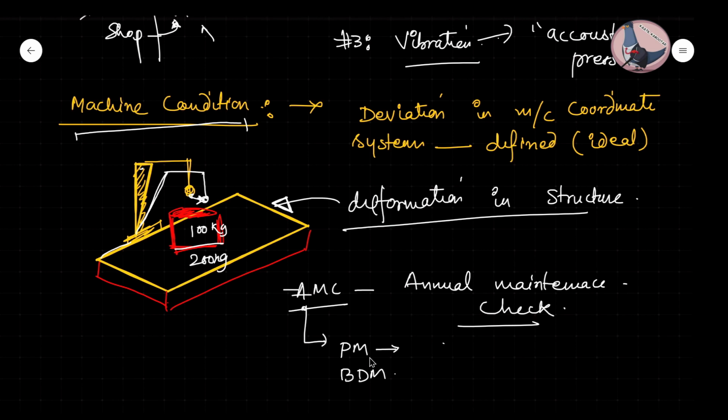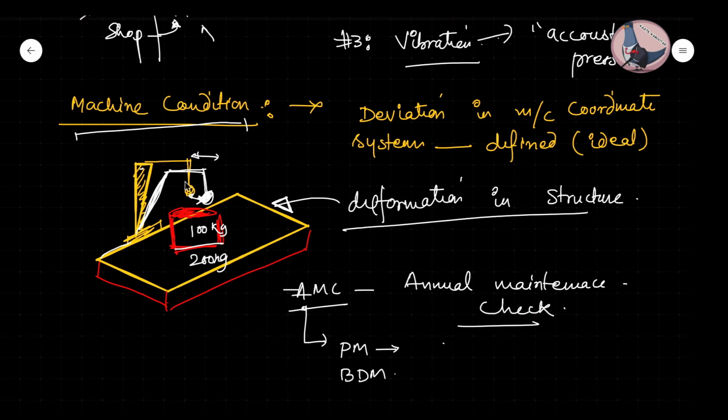So if so, then this preventive maintenance will check those things and they will report back to you that, sir, this machine has become hunched and you need to change this particular thing, and there will be some amount of money you will have to spend, but you will be getting perfect dimensions. Or suppose if this deformation is permanent, then they can adjust it automatically.